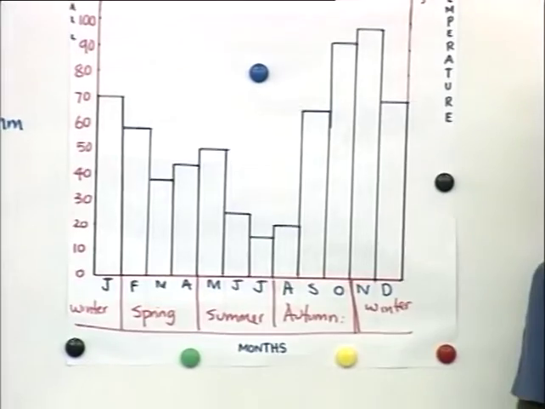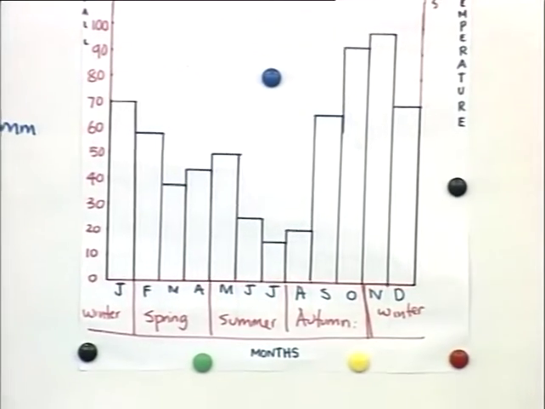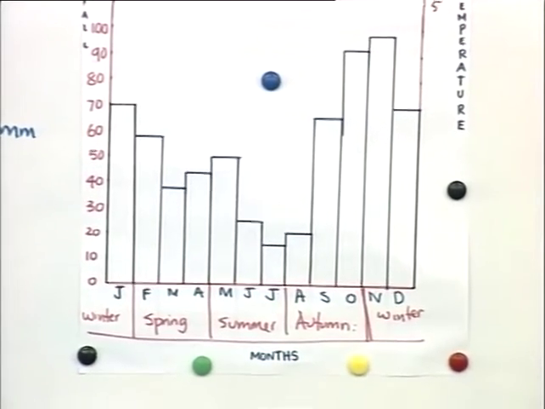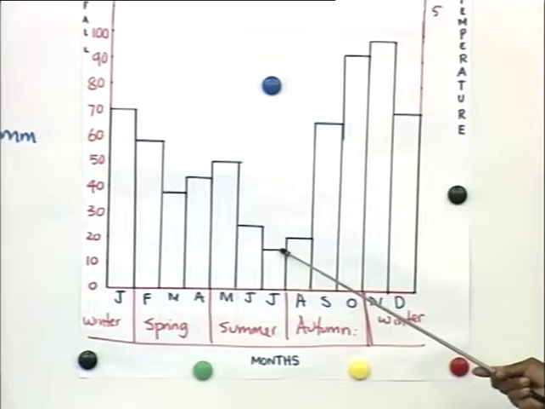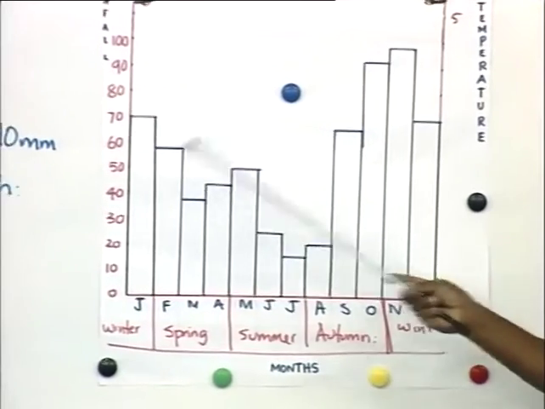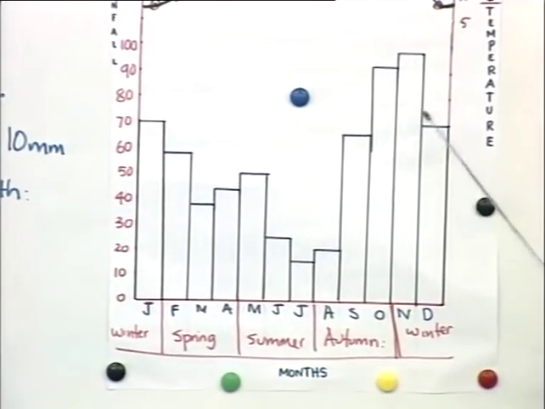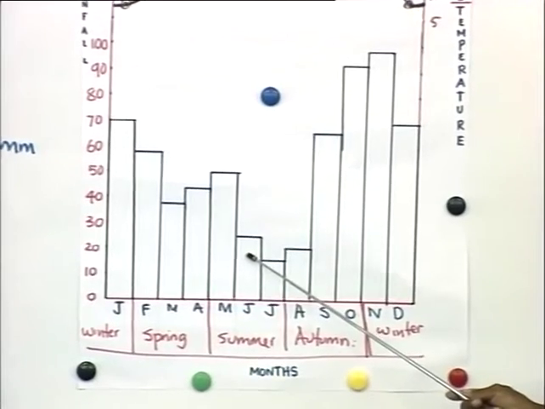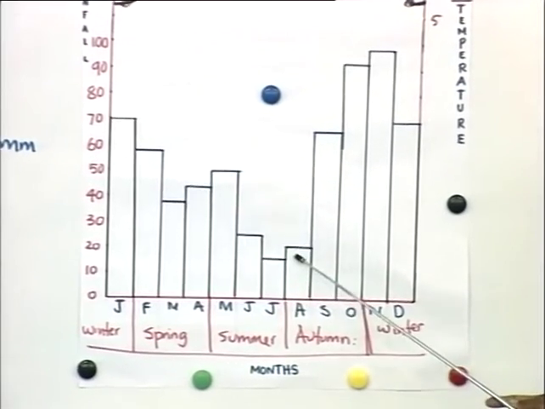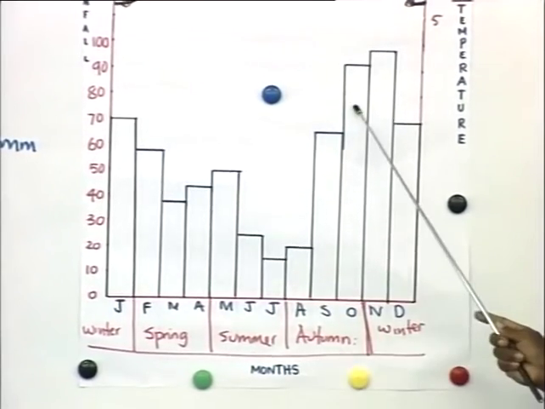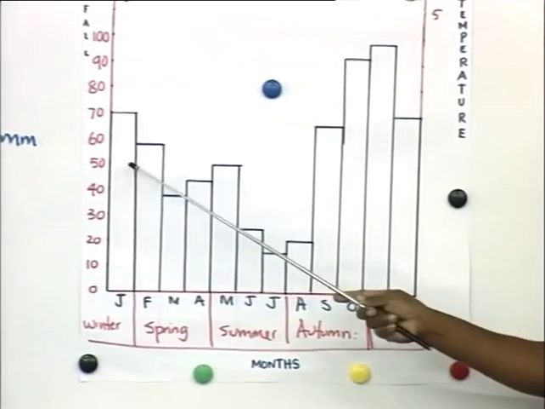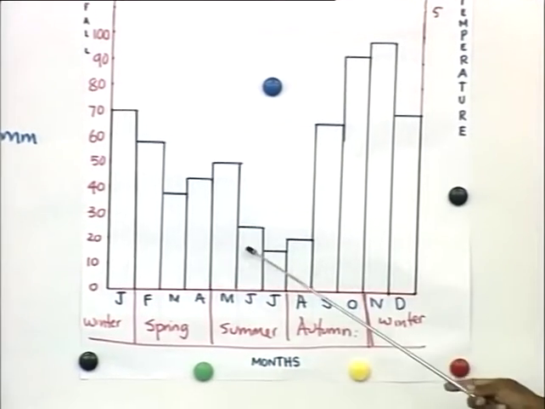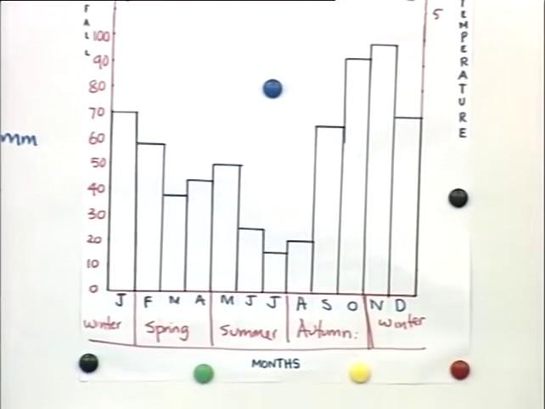You think so? According to our graph? No, it's not. There are some months where the rainfall is low, and there are some months where the rainfall is high. So for this particular graph, we can see that there is a distinctive dry season and a distinctive wet season. At the beginning and ending months, a lot of rainfall. Towards the middle months, the rainfall is low.